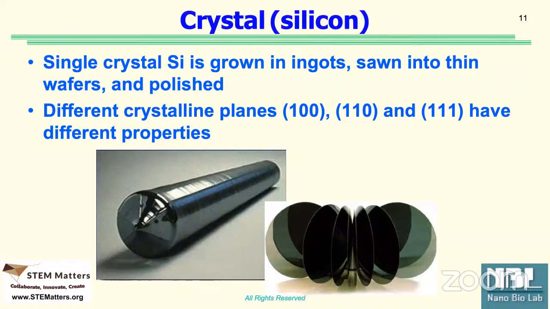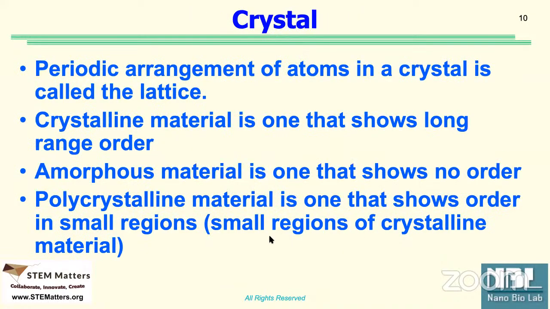Now, when we talk about this unit cell, and if you look at it, there are different atoms in the unit cell. So if I pick this plane, there are 5 atoms in there.